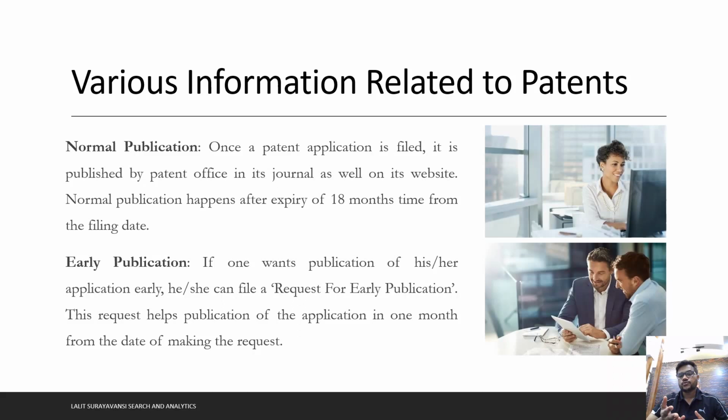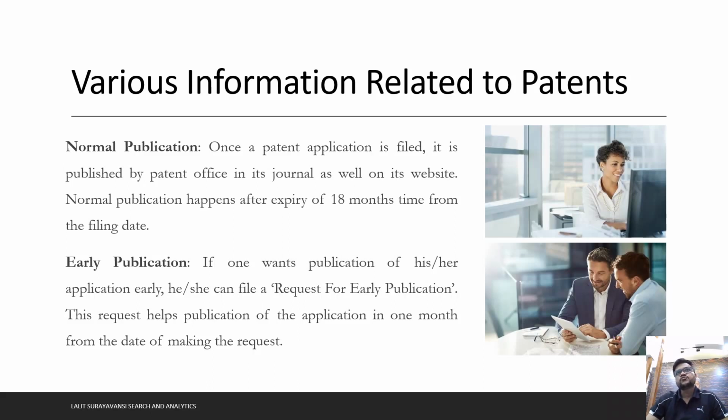The way I just showed you, the application was published on the patent office website. You or others can access it over the Indian Patent Office website. It is published there after 18 months if normal publication happens.